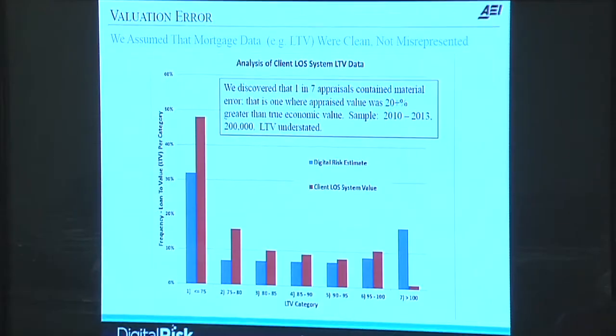But in the samples we have reviewed with respect to valuation error or appraisal error, we found some samples as high as a serious defect in 1 in 4 loans, 1 in 5 loans, and some as low as 1 in 12 or 1 in 14. My guess here is that on average in this array of samples, we have found a serious valuation error in 1 in 7. And a serious error is plus 20%. So in other words, the appraised value is plus 20% greater than the true value of the property.